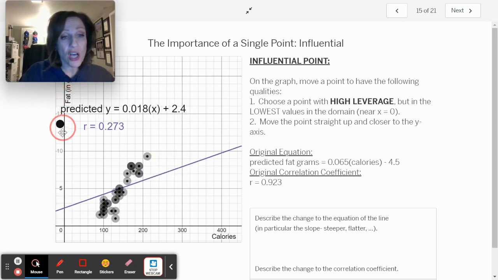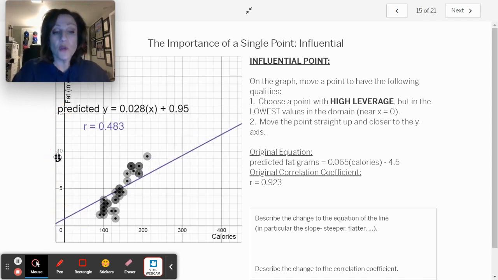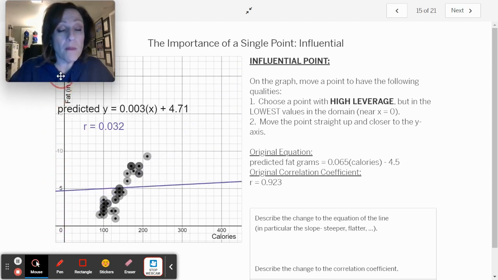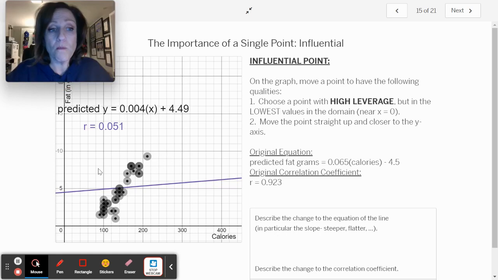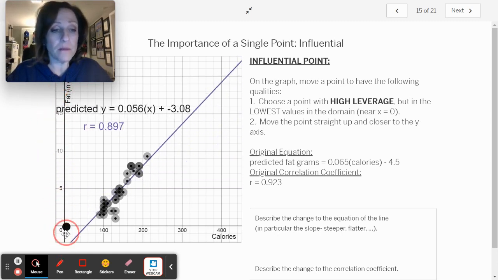See how it is toggling around the mean point? Because that mean point is always a point that's on the line. So it's toggling around that mean point, and it's to the left of that mean point. So therefore, when I go up, it's pulling that back, the left side up. So when I move this point up, it's pulling the left side up, okay?